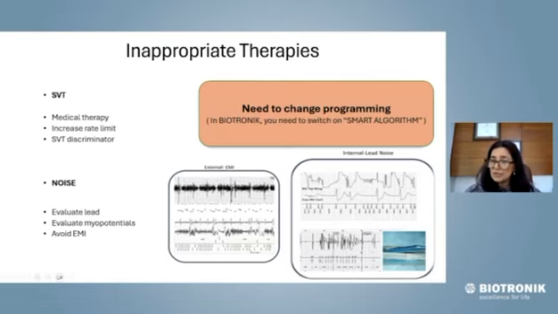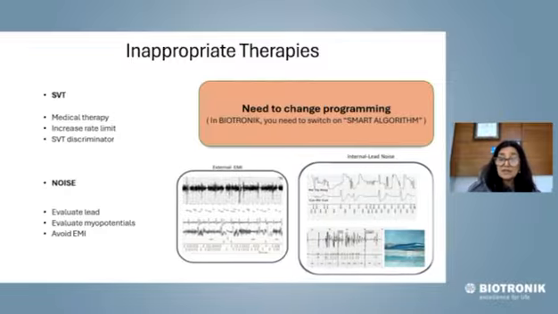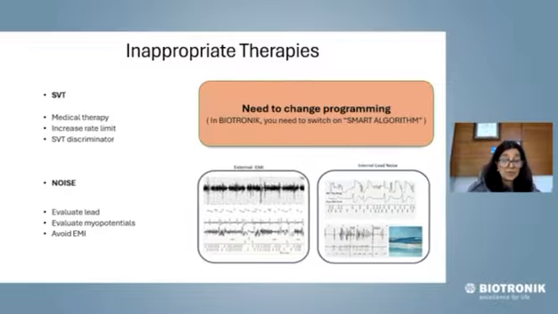This distinguishing feature allows you to understand, am I dealing with an EMI or am I dealing with noise? So the noise, let me tell you, is high amplitude and low in frequency and will happen in the near field EGM. You're seeing that while the far field is looking clean, it is telling you that this is more dangerous. EMI is not that dangerous for a patient because with EMI you will be able to deal with it by telling the patient to remove the external sources.